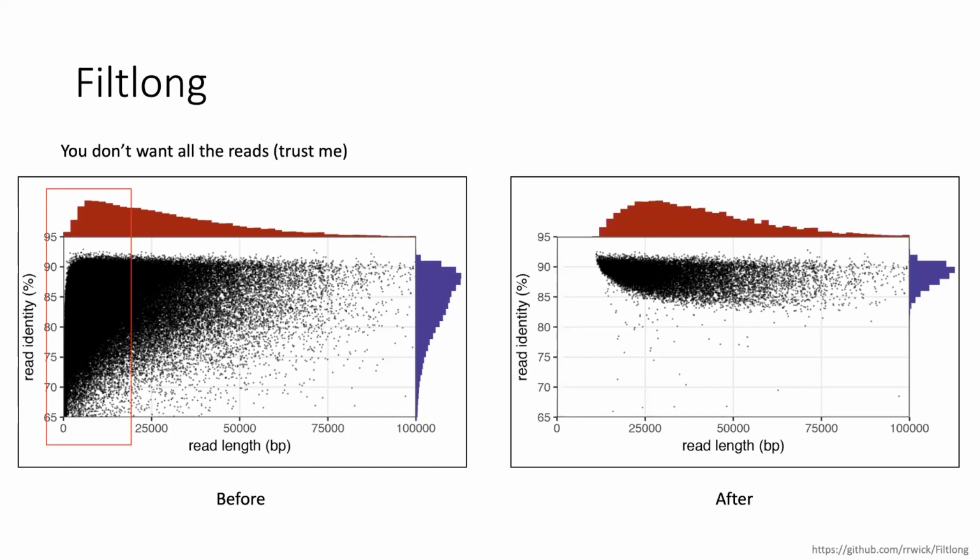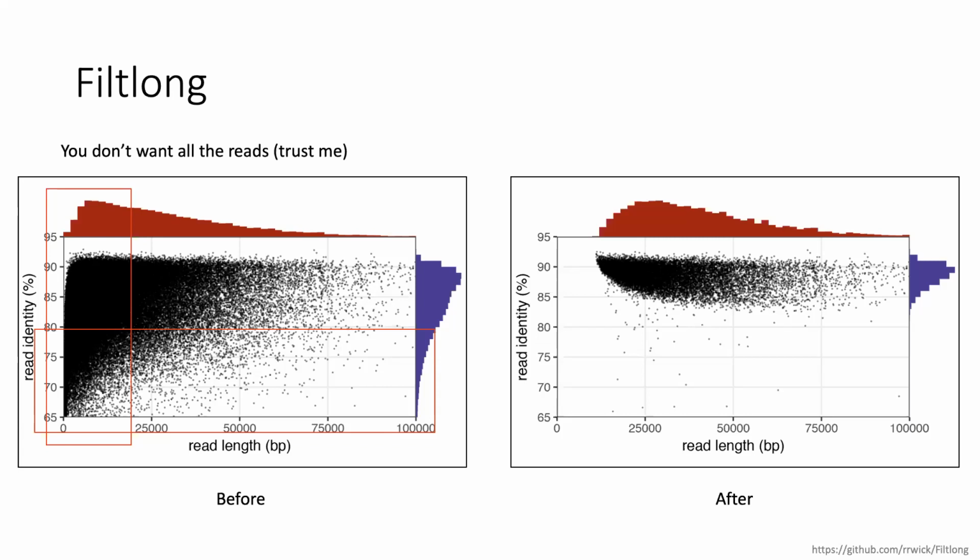And so we'd like to filter out all of the reads that are short. So this is where DNA fragments that are too short to be useful should be. And we want to filter out things that are low quality. And so in theory, we want to go from a read set that is average quality to a read set that is high quality.